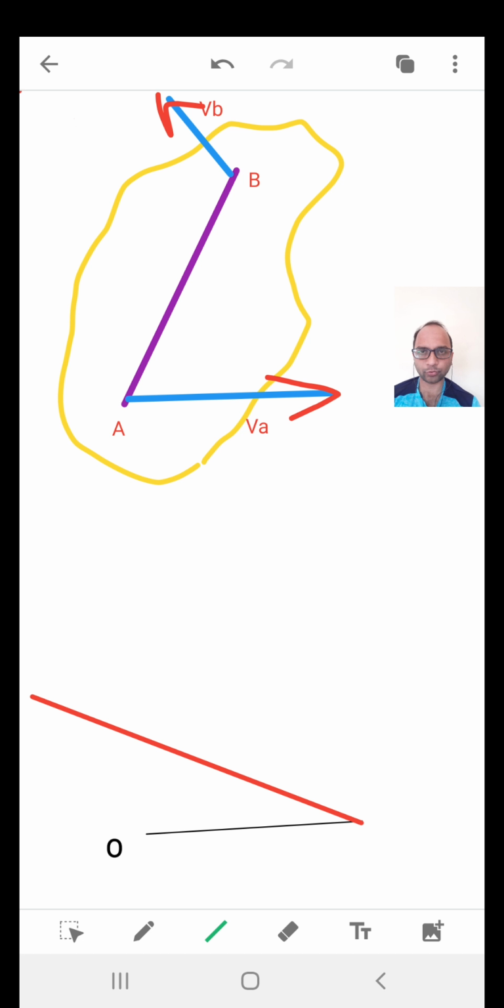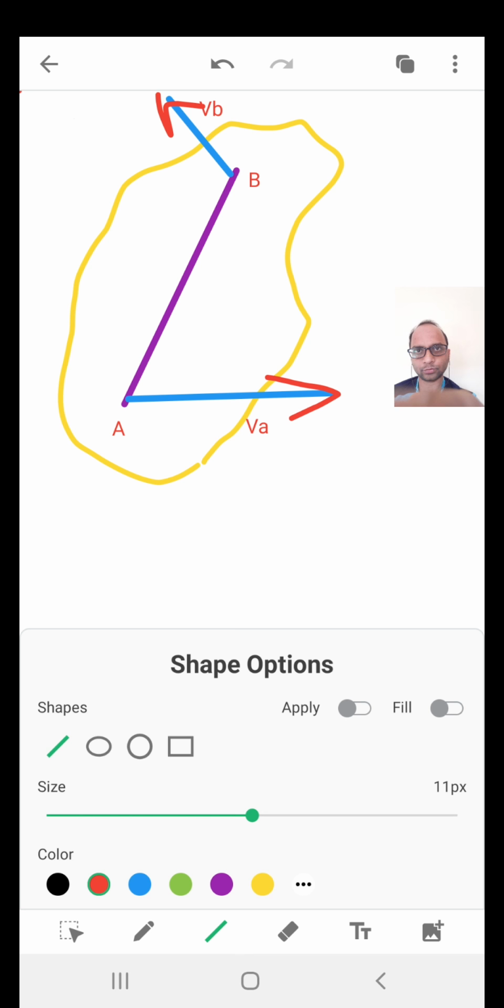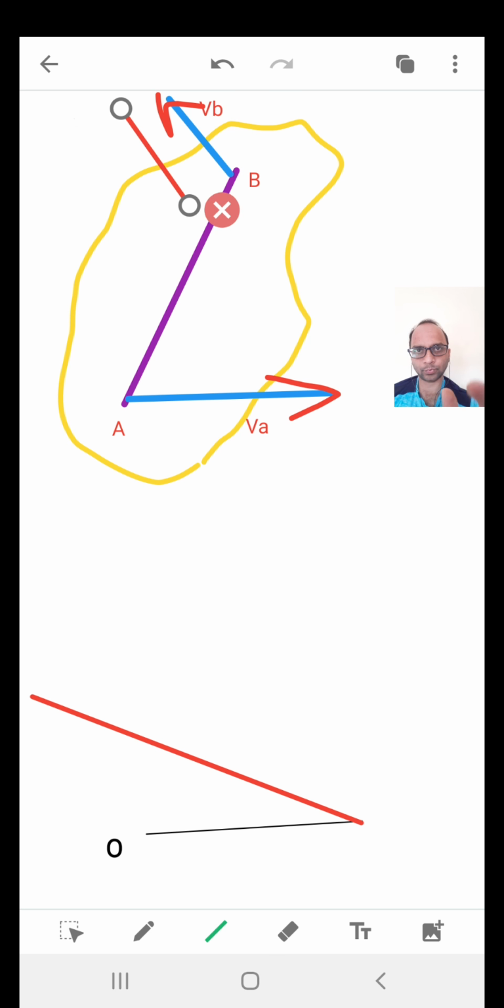We know the dimension of this link AB. So after that, I draw a line parallel to VB. This is a parallel line to VB, and the coincidence of these two lines gives the point.